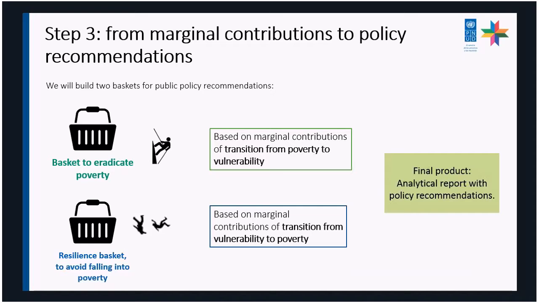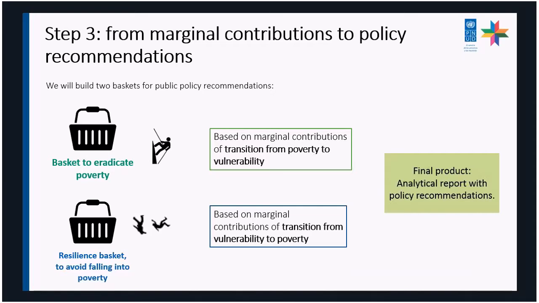How can we present this final result? We suggest that you can write a final report with policy recommendations, or you can do diagrams. That depends on how you want to present the information. But the important thing is to have two clear groups of policy recommendations for each country.